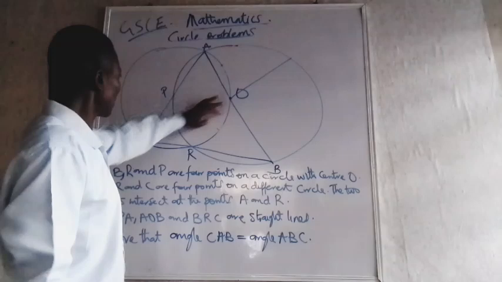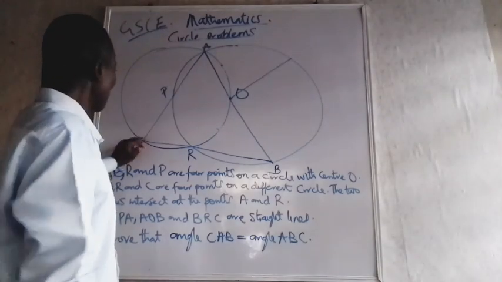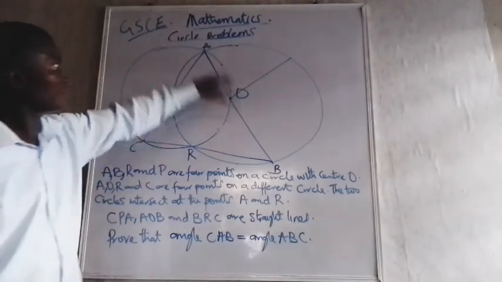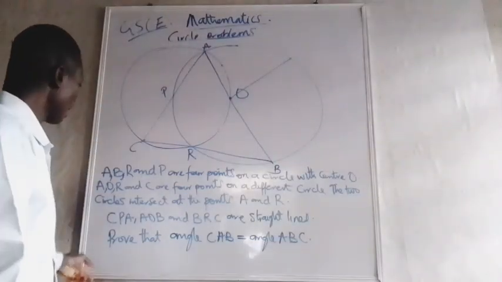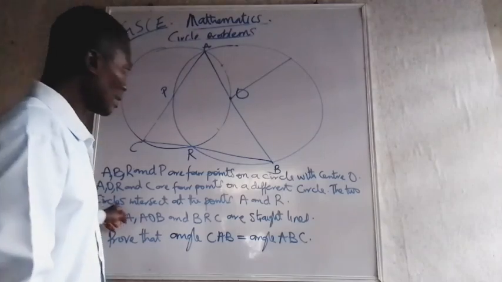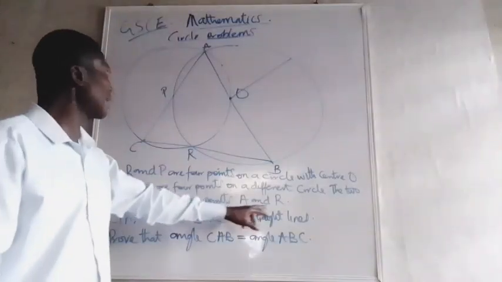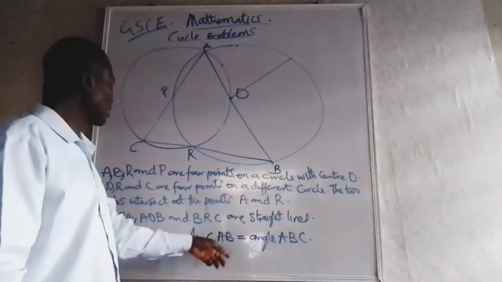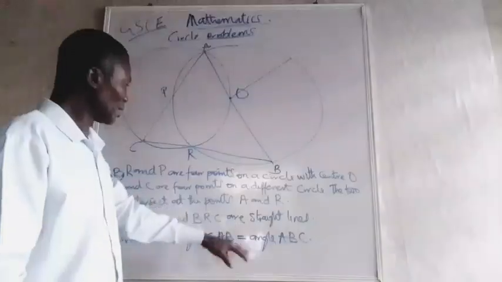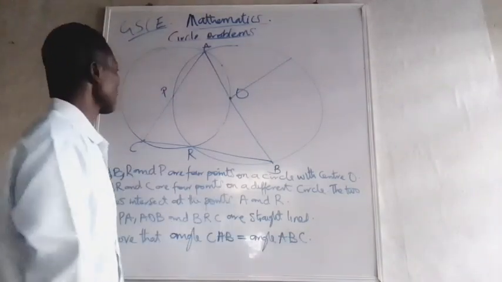So this is a different circle. These are A, O, R, C, which means that this circle passes through the center of this other circle. The two circles intersect at the points A and R. Intersect here, intersect here. Prove that angle CAB is equal to angle ABC.